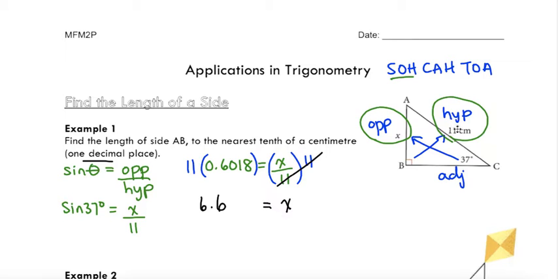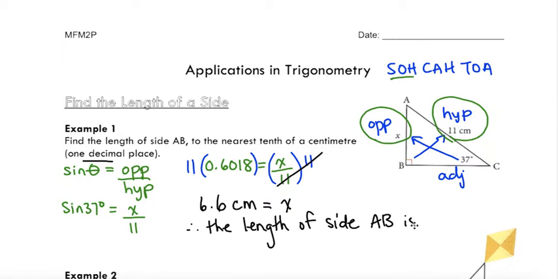And I have to think about, what am I measuring these side lengths in? And that would be centimeters, so 6.6 centimeters. And every word problem needs a therefore statement or a concluding statement. So therefore, the length of side AB is 6.6 centimeters.